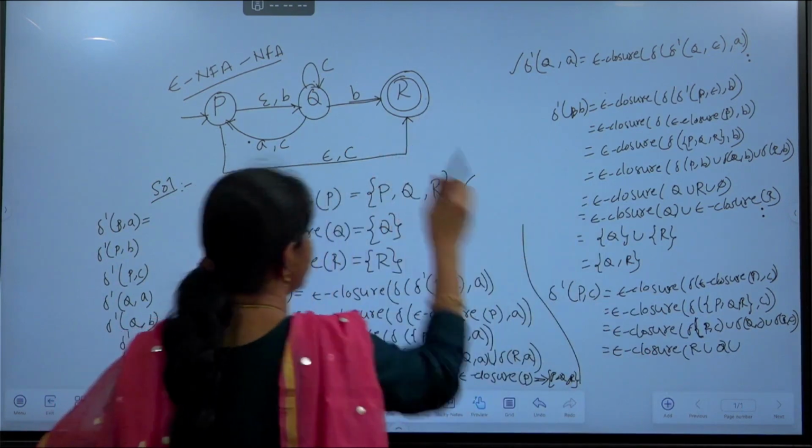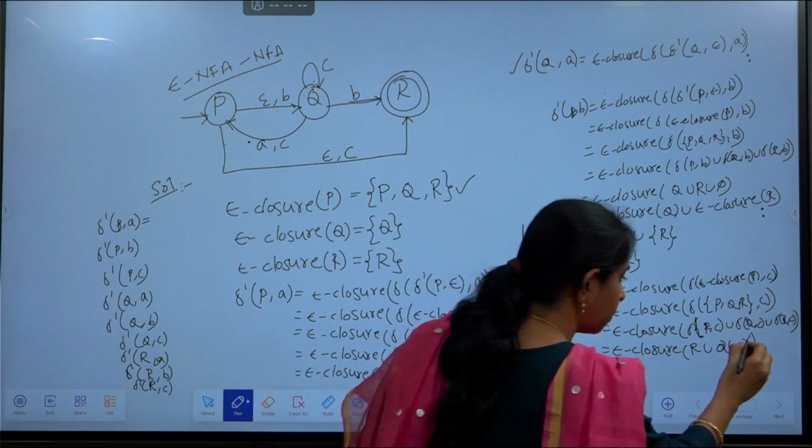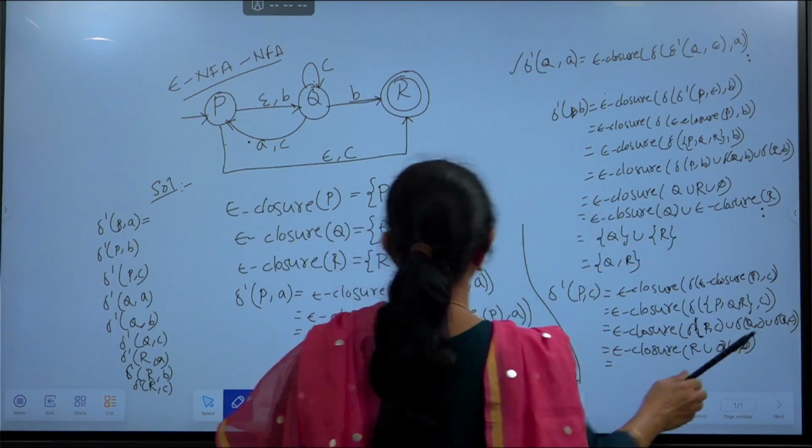From R we don't have any transition, just mention it as phi.